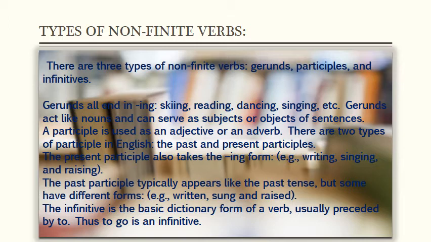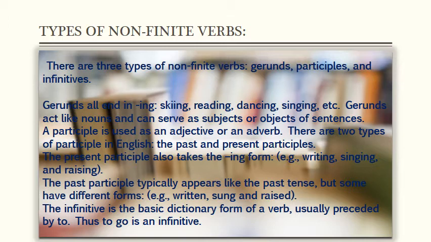Let's talk about the participle. The present participle can be used as an adjective. For example, "The moving object turned out to be a rat." Here, the participle "moving" describes the word "object." It is used as an adjective.